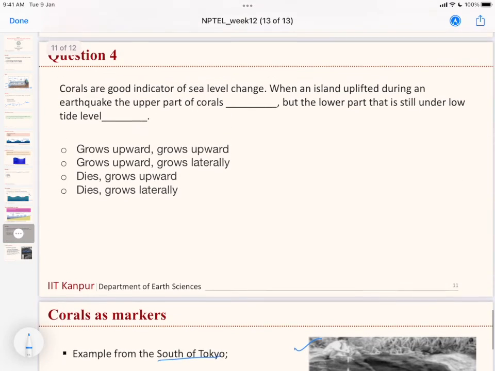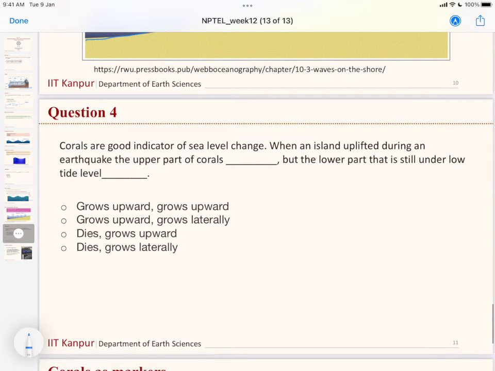If we have to answer this question, you mentioned it correctly earlier.